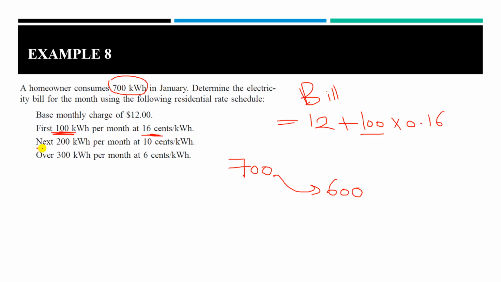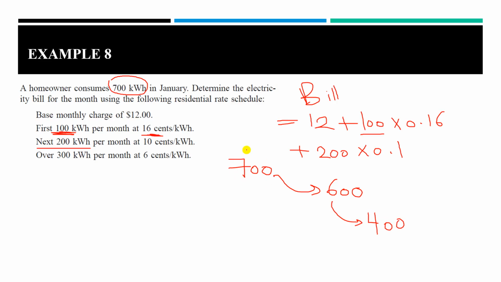Then the next 200 kilowatt at 10 cents, so we'll say plus 200 kilowatt at 10 cents, which is 0.1. We subtract 200 from 600, and we have the remaining 400.